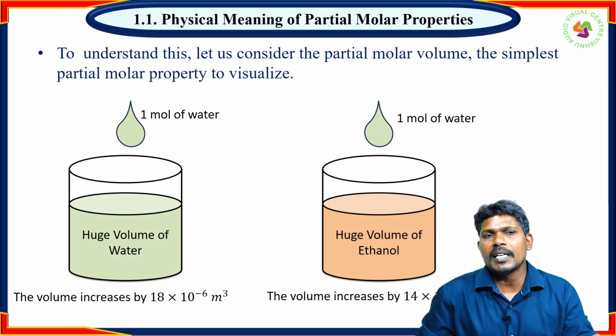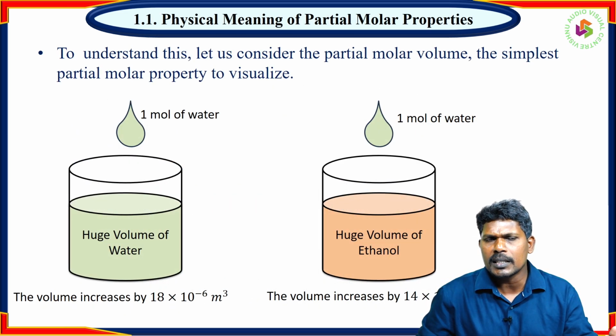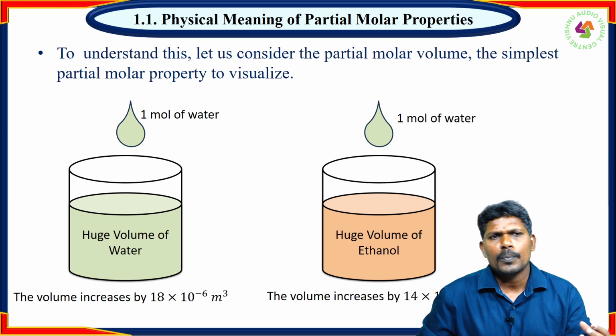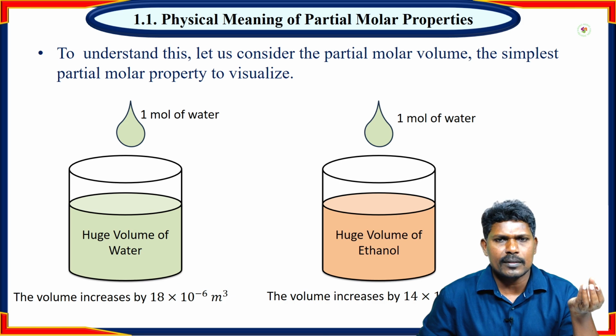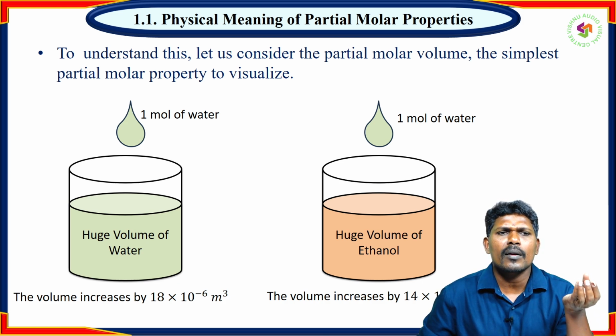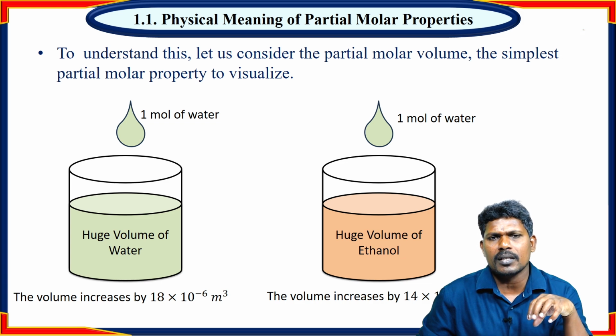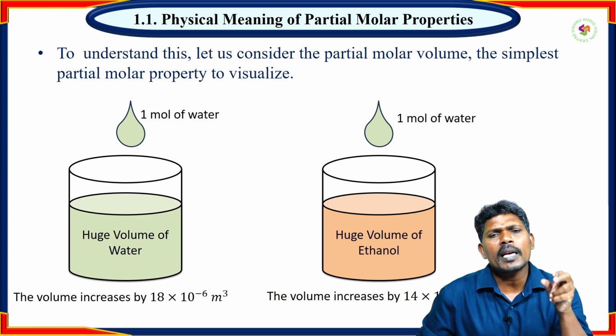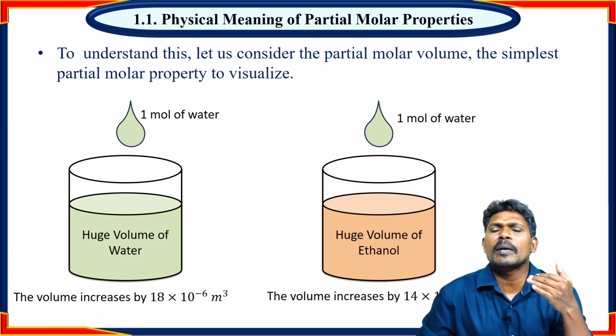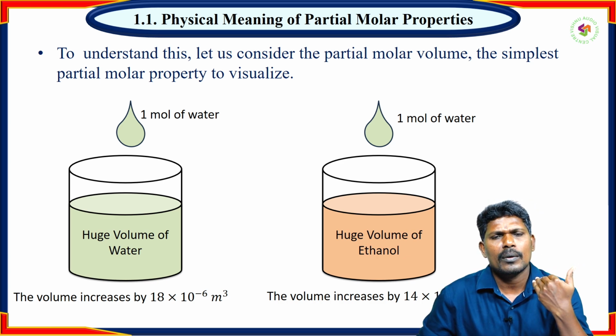What is the physical meaning of this? In the introduction I already said, for example, any compound in a pure state is having some particular volume. Consider a 1 ml volume it is occupying. When that 1 ml is added to a particular mixture, it may not remain 1 ml; it may be greater than or less than 1 ml.